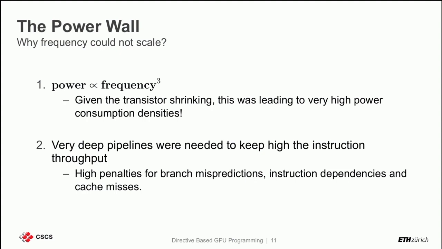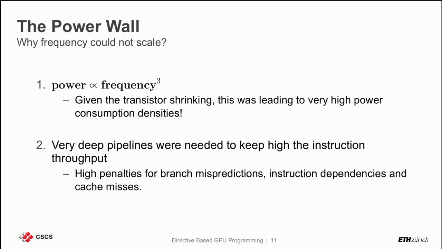And the second reason why frequency scaling was not beneficial is sustaining high throughput. Okay, I have 4 gigahertz, but I need to be able to finish instructions at this rate, because otherwise, effectively, I'm not running at 4 gigahertz. Then the architects had to design very deep pipelines.